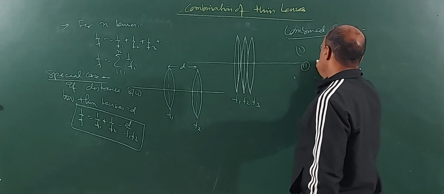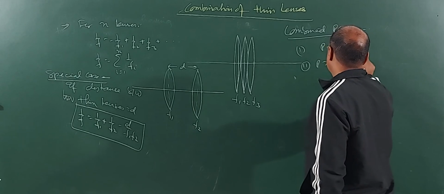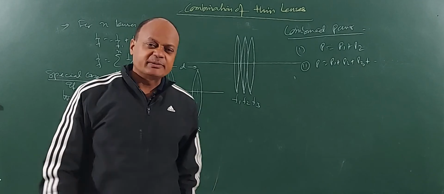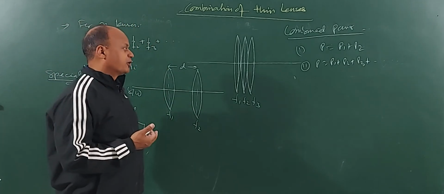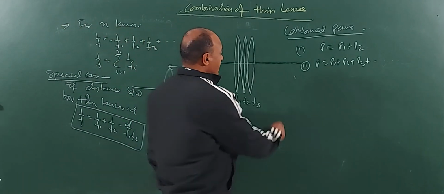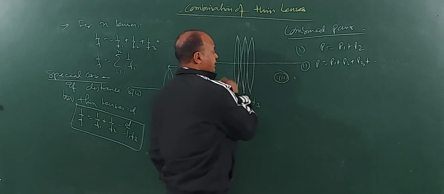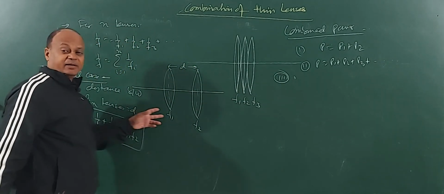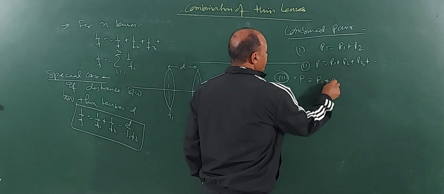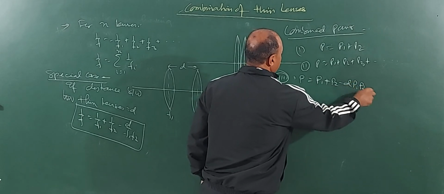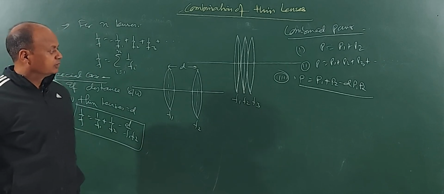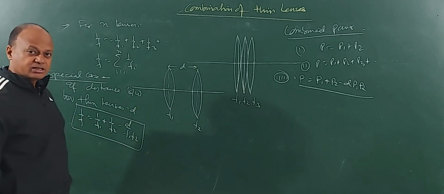The second, for n lenses, is P equals P1 plus P2 plus P3, and it will go on. And power being a scalar, it can be added like numbers; power of a convex lens will be positive and of a concave lens will be negative. And if the lenses are separated by distance D, then P will be equal to P1 plus P2 minus D P1 P2. So this is something you need to keep in mind. Clear? You can be given simple numericals on this.